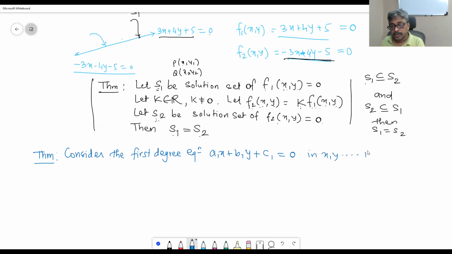This is our equation 1. Let S1 be the solution set of 1.